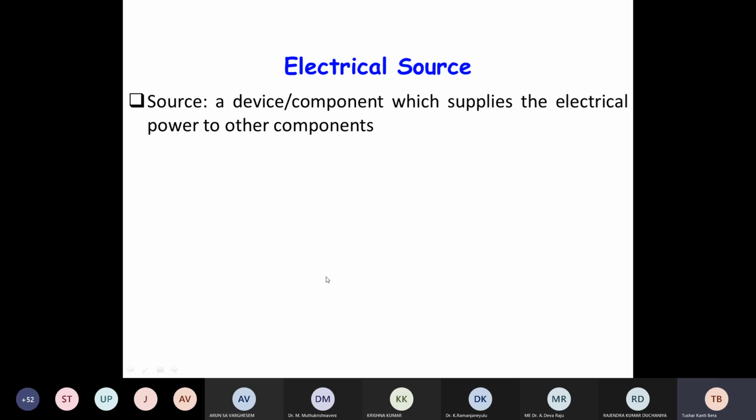So we will start with some electrical properties of electrical components, like the electrical source, because there may be participants from different fields for whom electrical impedance may not be a well-known parameter, or who might not have worked much on it.